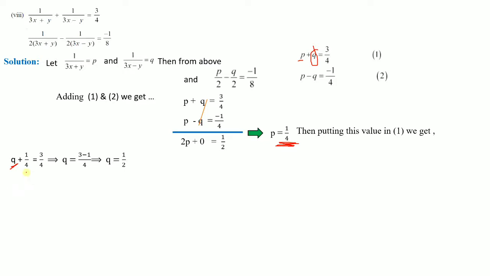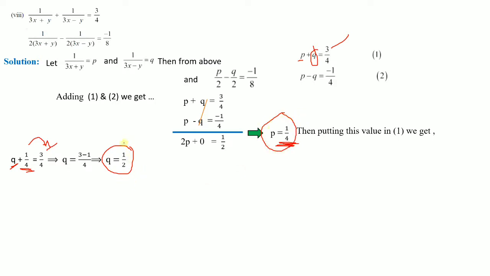So 1 by 4 plus q is equal to 3 by 4. Now this implies q is equal to, taking to the right hand side, 3 minus 1 upon 4, that is 2 by 4, and 2 2s are 4, so it is equal to 1 by 2. So q is equal to 1 by 2 and p is equal to 1 by 4.